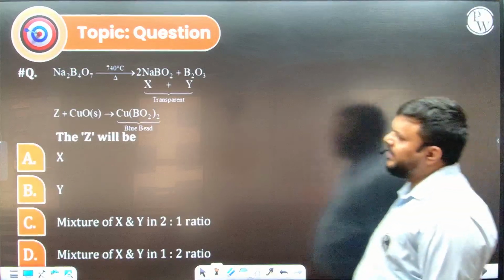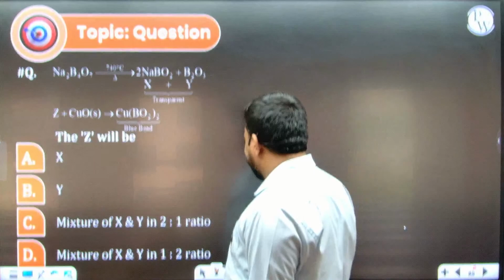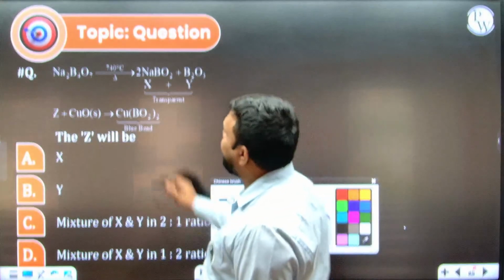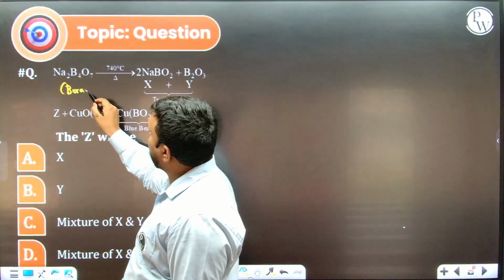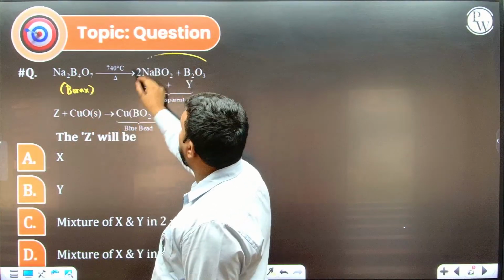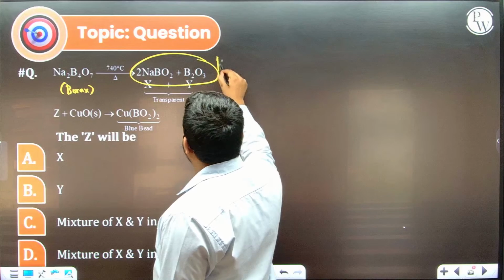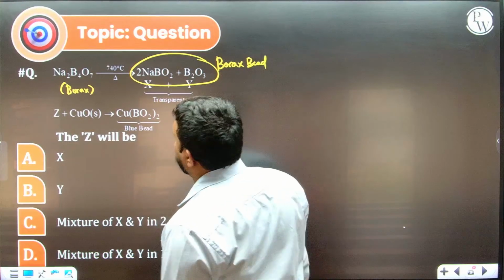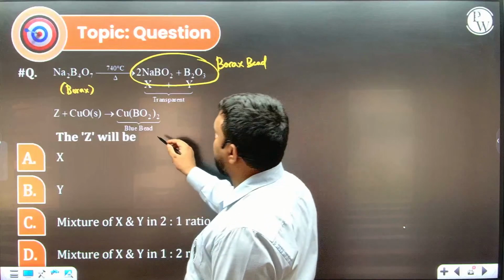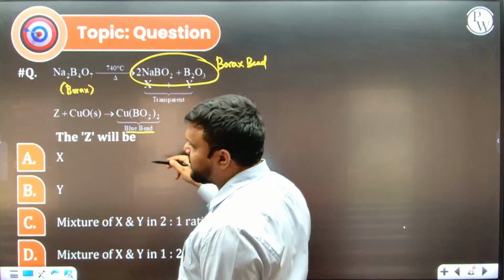Yeah, this is a very interesting question. Let us see. Now only we saw that if you are heating borax, you will get borax bead. This borax bead we are reacting with CuO. We already discussed that it will give a characteristic color.